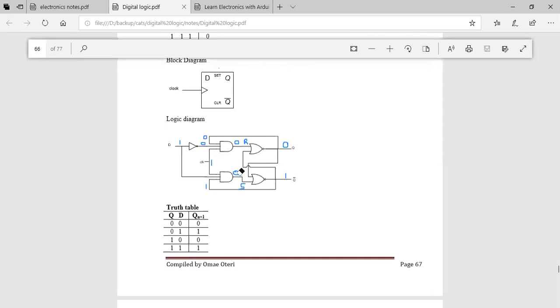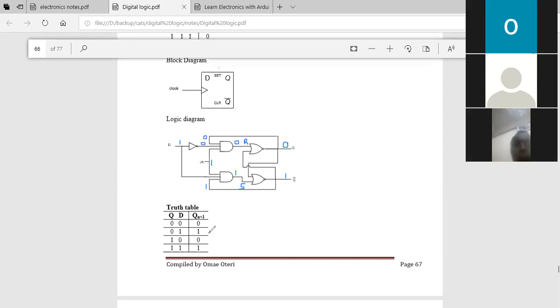So 1 and 1 and 1 is 1. Therefore, we change this to 1. S is 1, R is 0. What do you expect? Set. That's why we have a 1 here. Always when S is 1, R is 0, set. When R is 1, S is 0, reset.